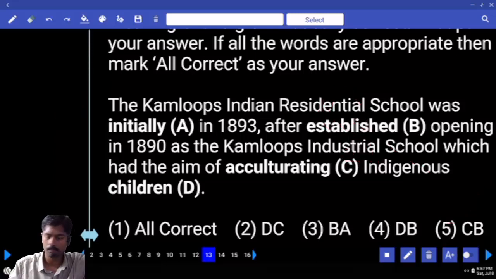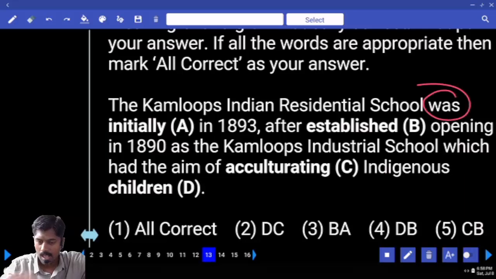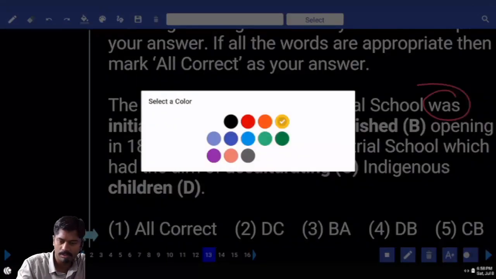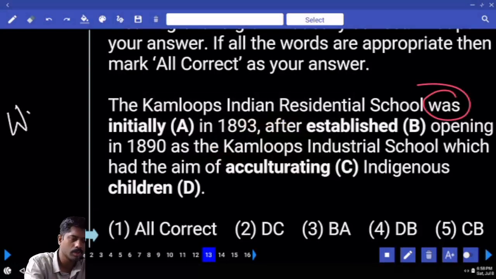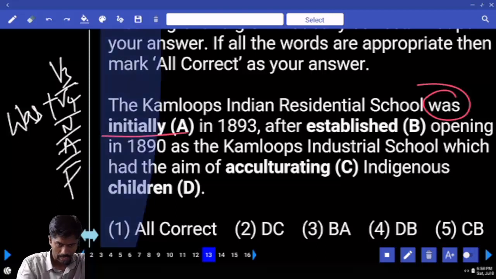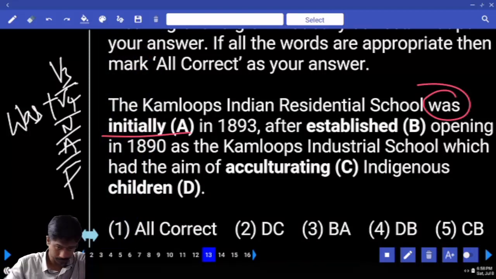The Kamloops Indian Residential School was initially... After was, were, be, what is needed? V3, V4. I can take initially if there is a verb afterwards.